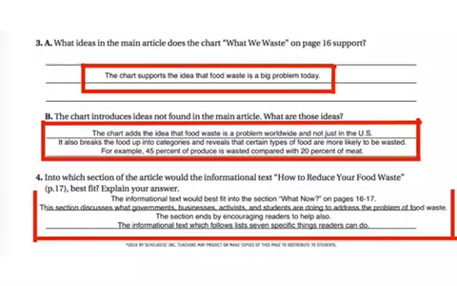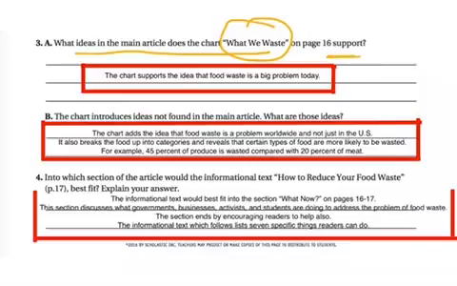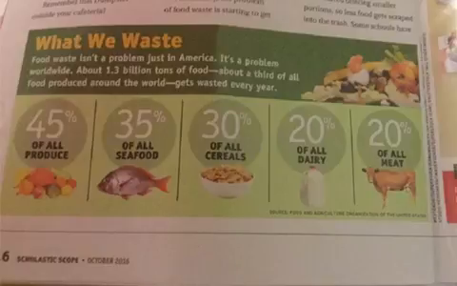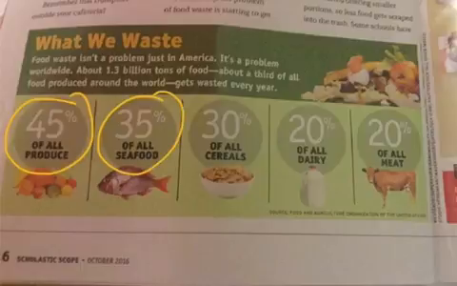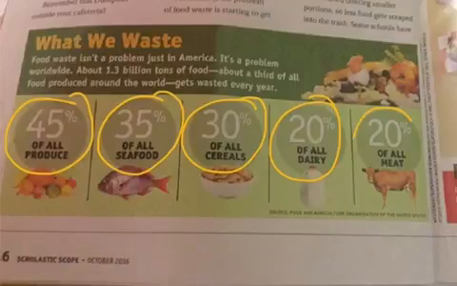Number 3 was asking what idea in the main article the chart "What We Waste" on page 16 supports. If you look at that chart at the bottom of page 16, it clearly states here, I can read, food waste isn't a problem just in America. It's a problem worldwide. 45% of all produce is wasted, 35% of all seafood, 30% of cereal, 20% of all dairy, and 20% of all meat.